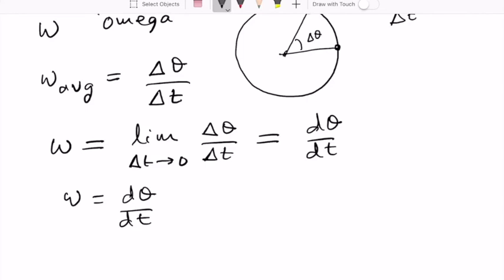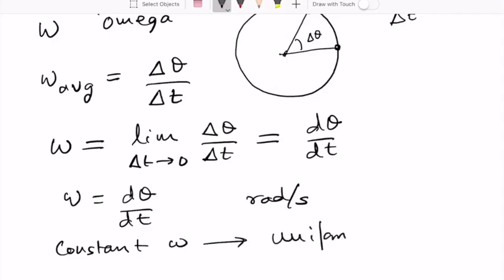The units of omega would be radians per second, and those are the units that we'll be using most of the time. If omega is constant, that is what we call uniform circular motion. So constant omega is uniform circular motion.